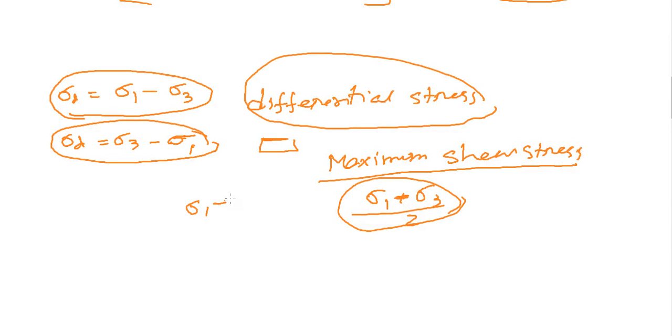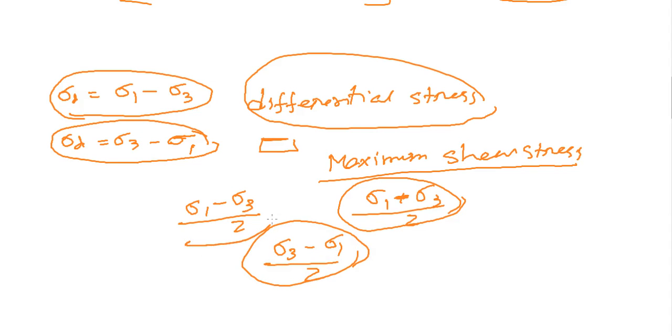So sigma 1 minus sigma 3 divided by 2, or sigma 3 minus sigma 1 divided by 2, is the maximum shear stress. Maximum shear stress has a great role, especially from a geodynamical, geological, or structural geological perspective.